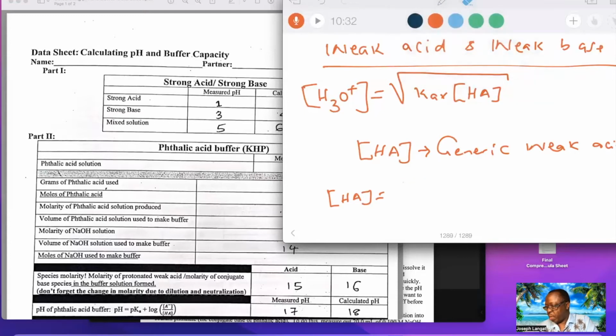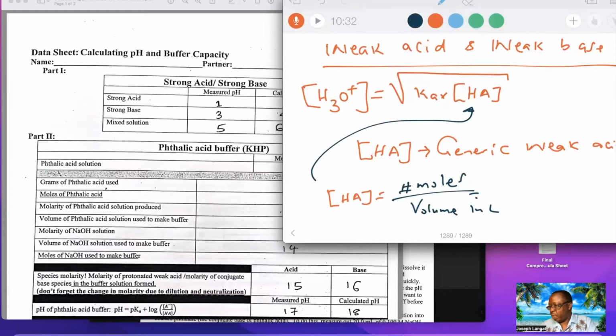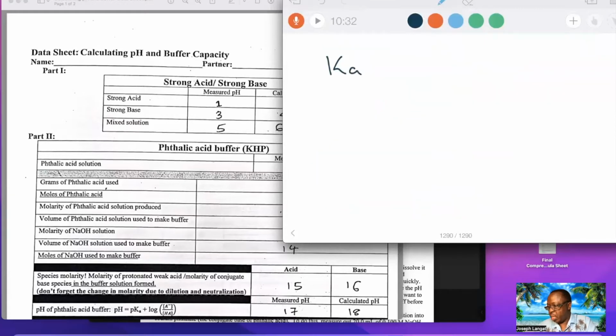This is given by number of moles over volume in liters. This will give you what you will plug in there. Ka is given. Ka is the acid dissociation constant.